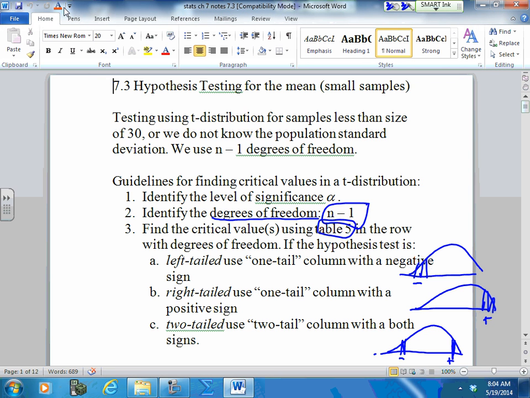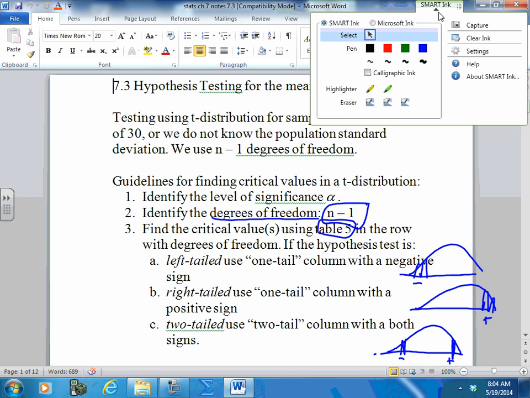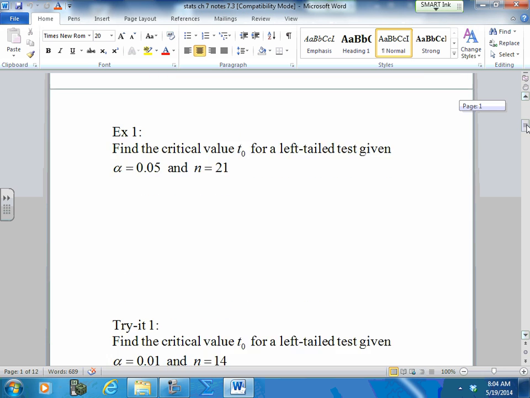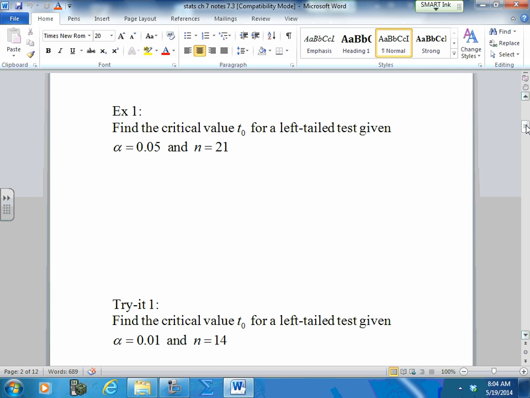When you do STAT, Z-Test, your T-Test is right below it. It works the same way as your other one does. So let's find a critical value or two. That's the only real difference. Everything else works the same. Your claims work the same. Keep your table 5 handy.